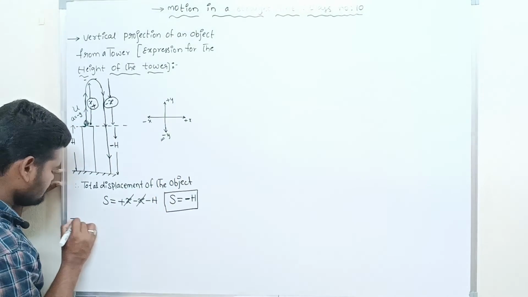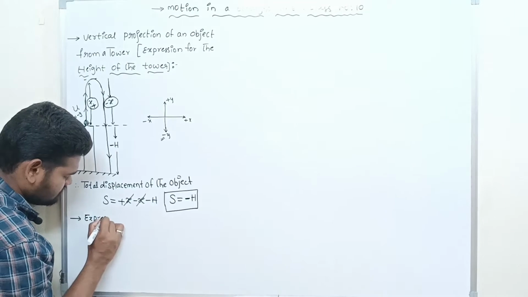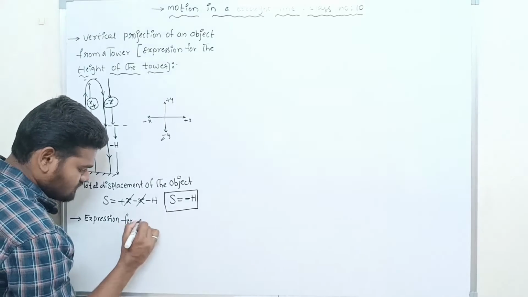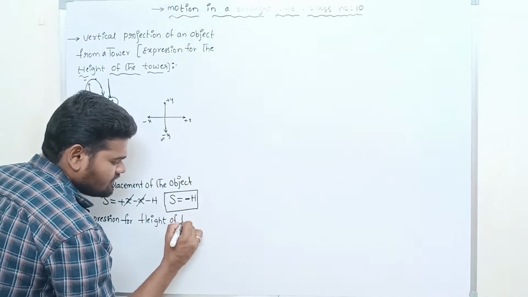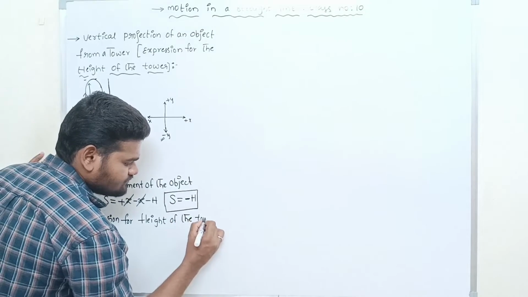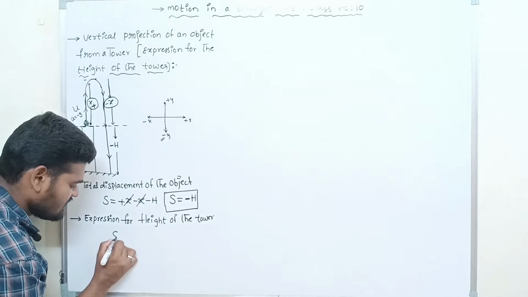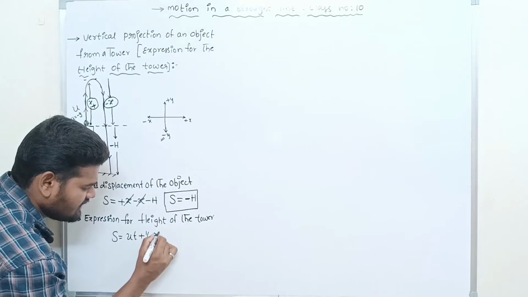Okay. Now, expression for height of the tower. So we have the second equation of motion. What is that? S is equals to ut plus half at square.